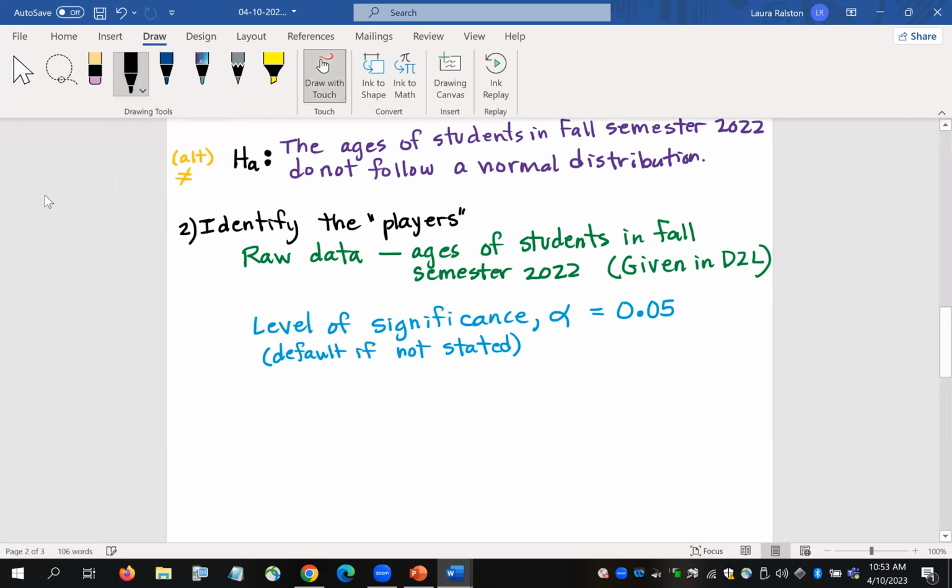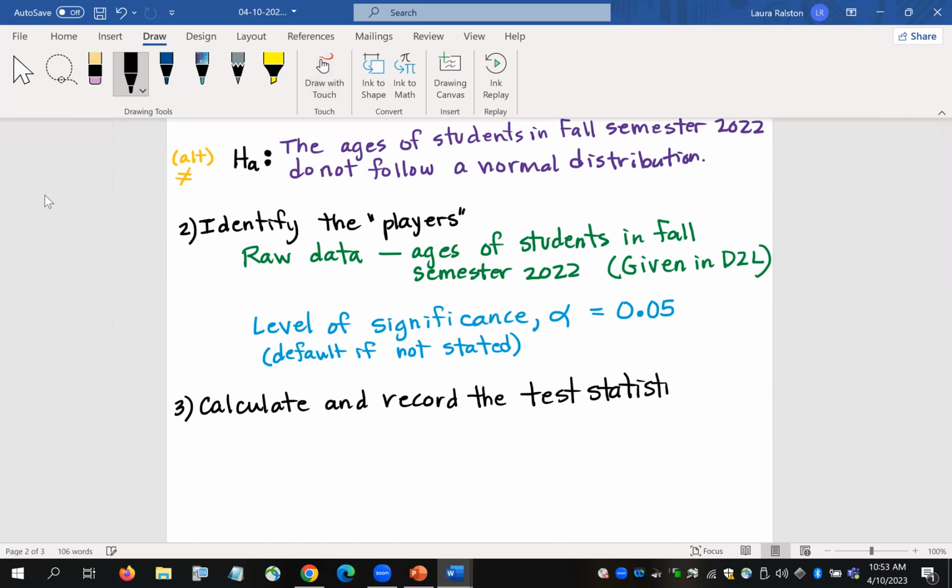Okay, so I have those two things now. I have the raw data. Step 3 is to calculate and record the test statistic, which in this case is going to be the Anderson-Darling, and its corresponding p-value.